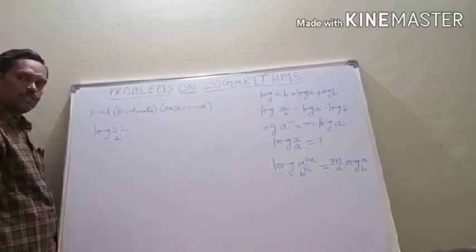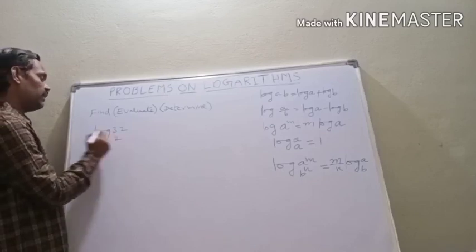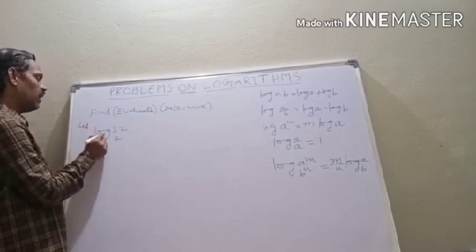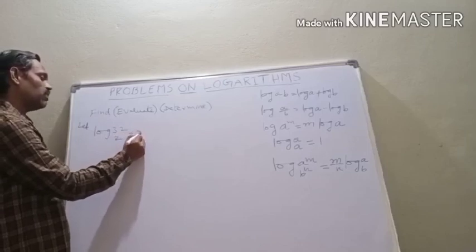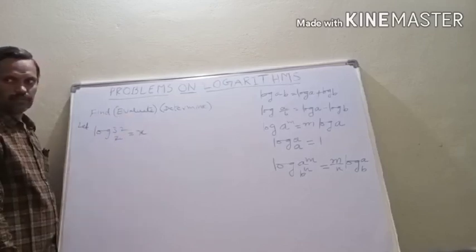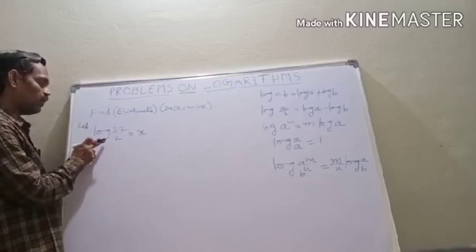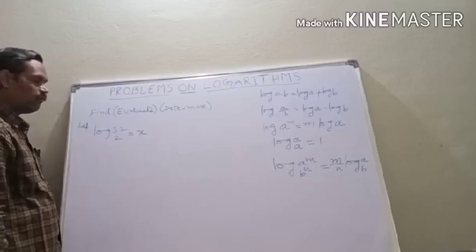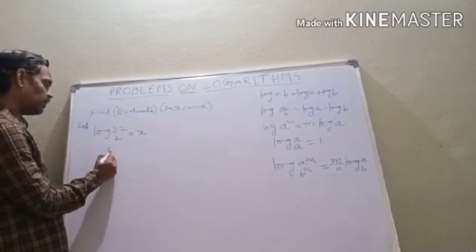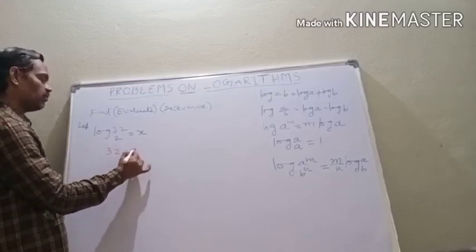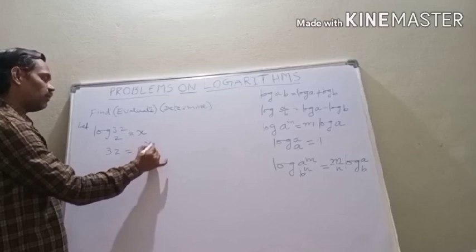We have to solve this with the formula very simply. Let us consider log 32 base 2 is equal to x. So here we have a logarithmic form. You have to convert this logarithmic form into exponential form. Then 32 is equal to 2 to the power of x.